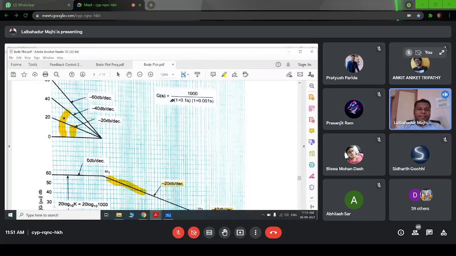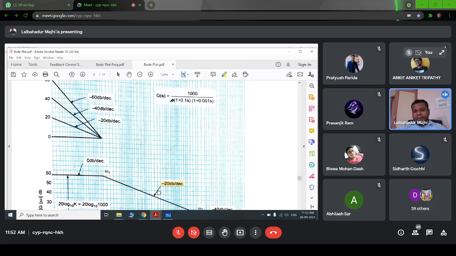You can measure with a protractor, and similarly measure this one, which will be around 45 or something, I forgot. You just measure with a protractor. So this will be around 18 or 19 degrees for minus 20 dB per decade. Now you can draw that angle here using a protractor.